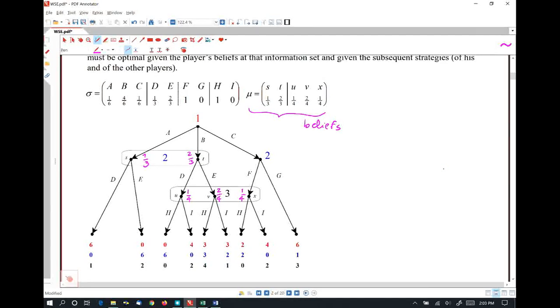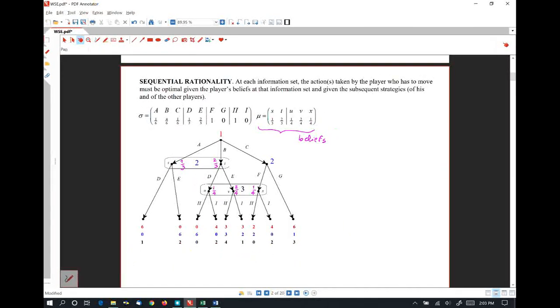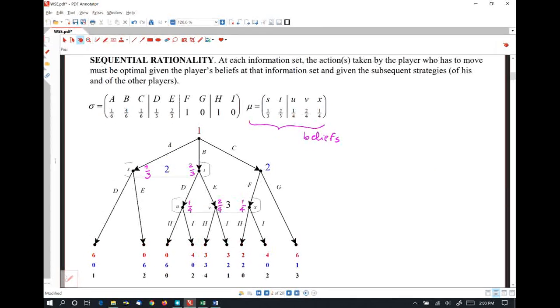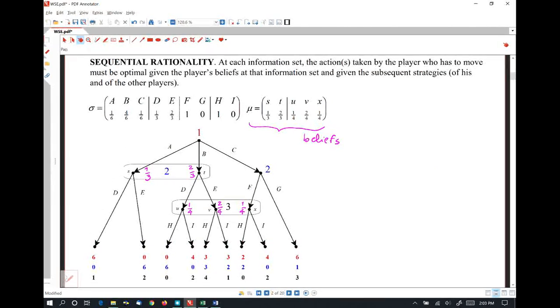So let's check sequential rationality for this behavior strategy profile, sigma. Sequential rationality is a property of sigma, and let us check it. So let's start with player 3.